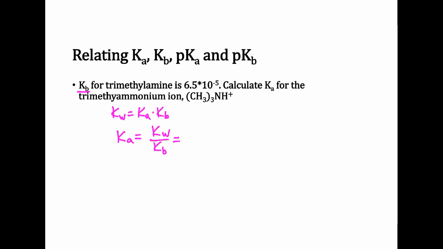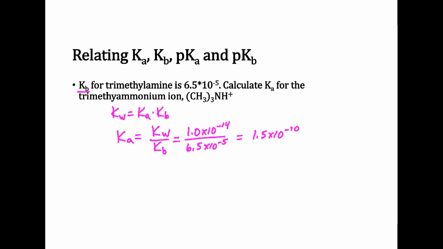So now all we have to do is plug in our values. So Kw is 1.0 times 10 to the negative 14th divided by Kb, which is 6.5 times 10 to the negative 5th. When we plug this in, making sure we follow our order of operations, we'll end up with Ka is 1.5 times 10 to the negative 10th.